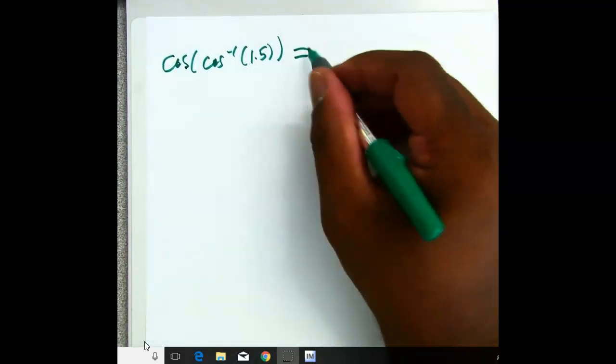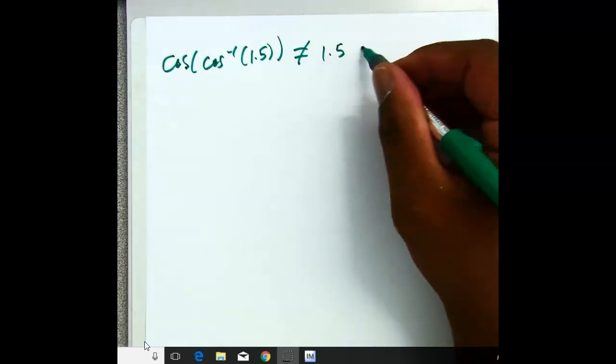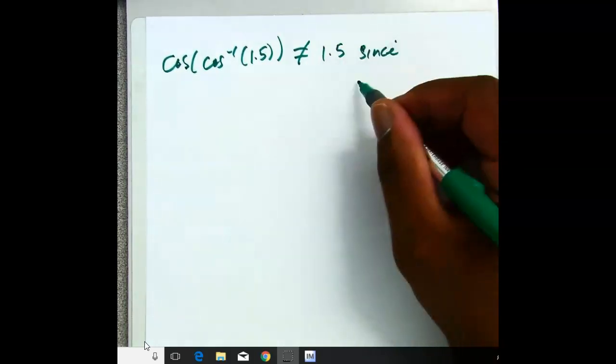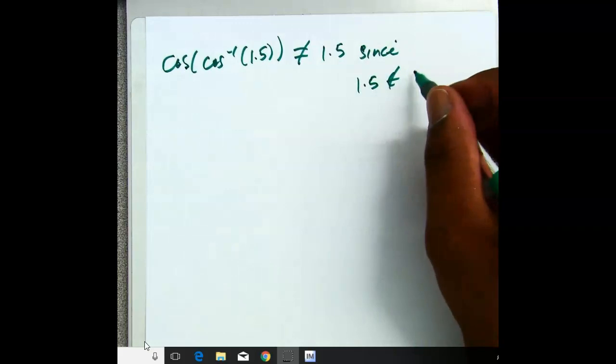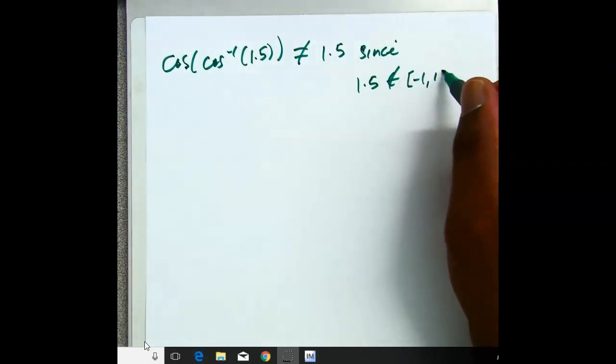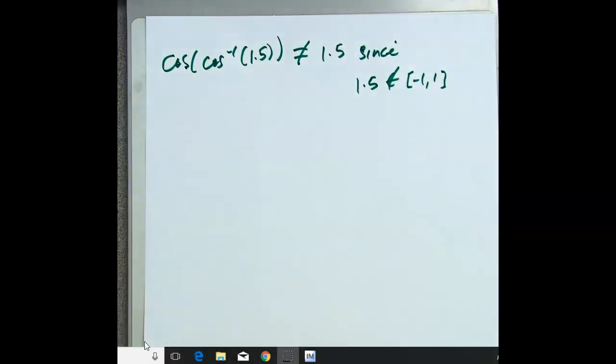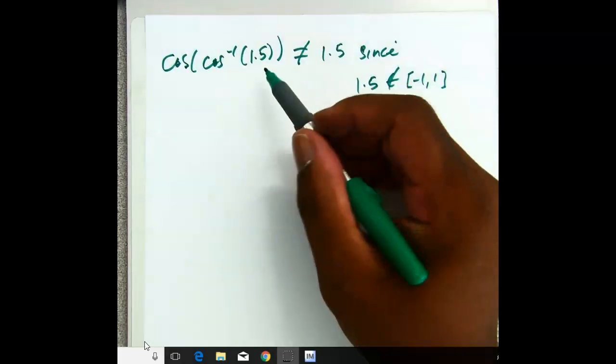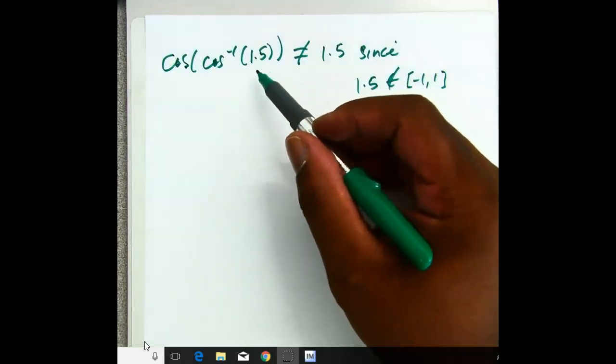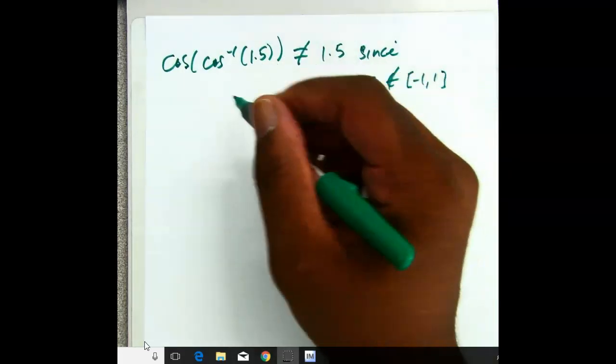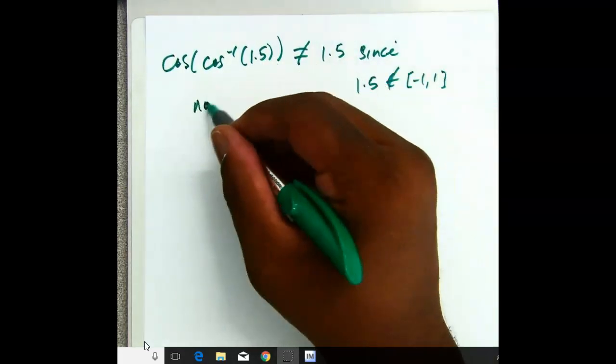So the answer here is not 1.5, since 1.5 is not in the set of negative 1 to 1. So now we try to evaluate the inverse cosine of 1.5. Well, the inverse cosine of 1.5 doesn't exist because cosine only takes values between negative 1 and 1. So this one is not defined.